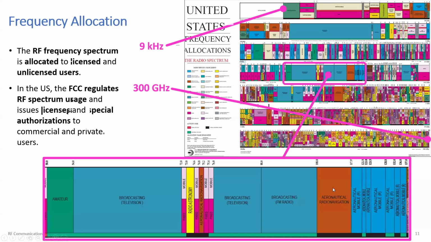Aircraft navigational aids, VORs, etc. They fall in the 108 to 118, and then aircraft communications 118 to 137 in there. So the spectrum is allocated. And when we talk about the allocation, going back to the previous slide, those signals that have finite bandwidth have to be at the right center frequency, and they also have to comply with certain instantaneous bandwidths.